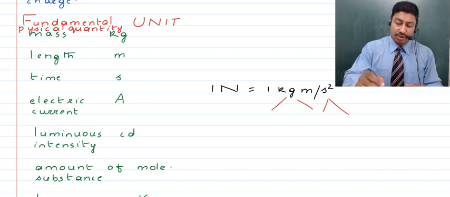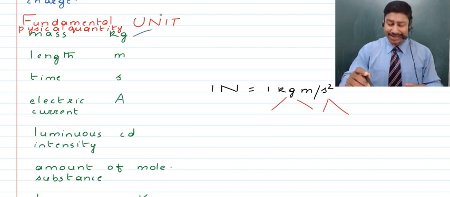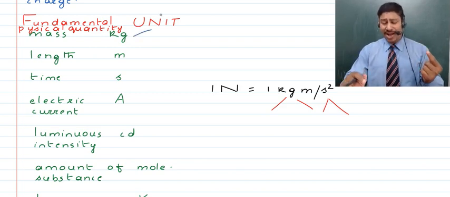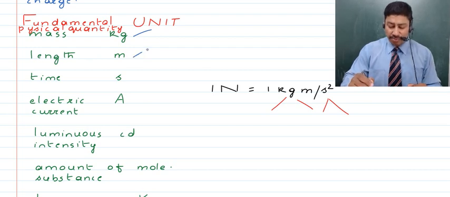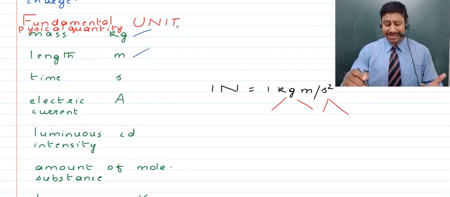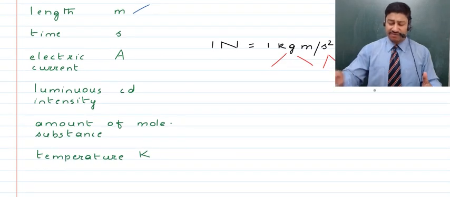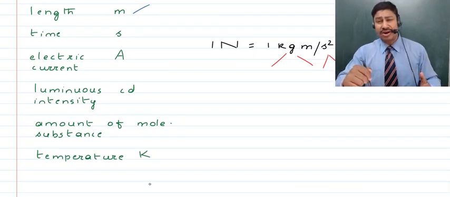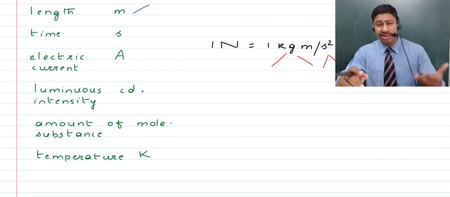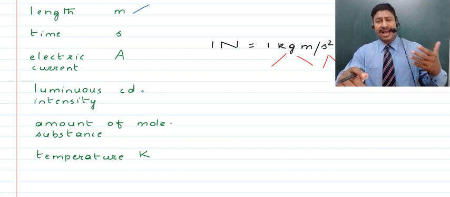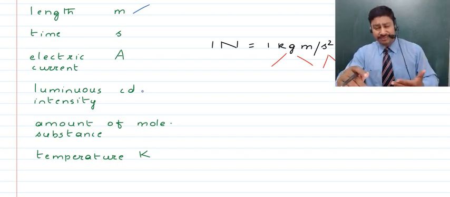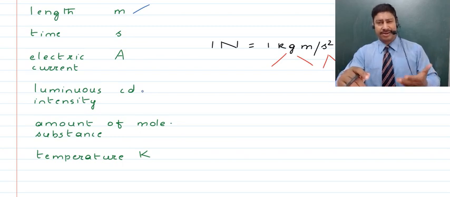But if we try to break up kg, it cannot be broken up, it is just 1. And similarly, meter is also just 1. As such, it cannot be broken. And this is how, when we talk about each of these different physical quantities, none of them can be broken up into further smaller physical quantities, and as such their units will be said to be fundamental units.